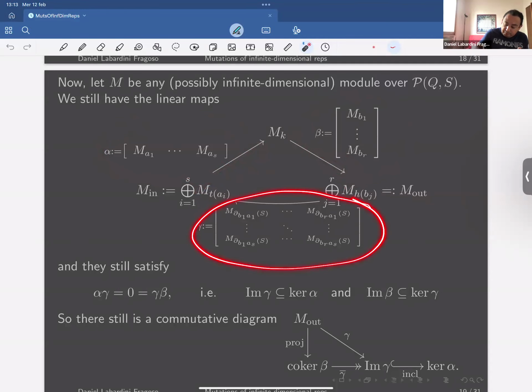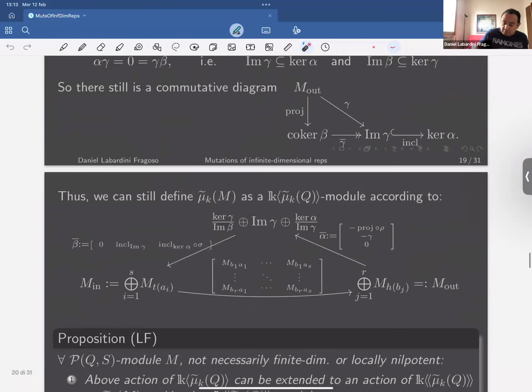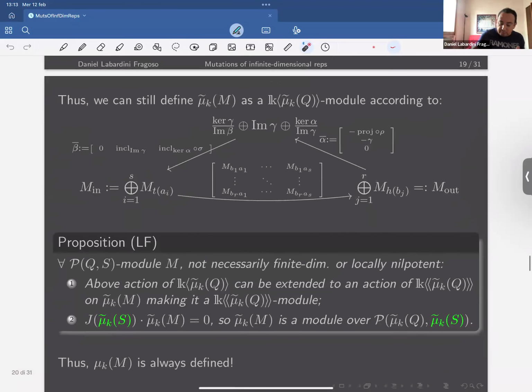Being a module over the Jacobian algebra, this is satisfied. So one still has this. Choosing a section here, one can still amalgamate this space and this space along this common subspace. So we do that.